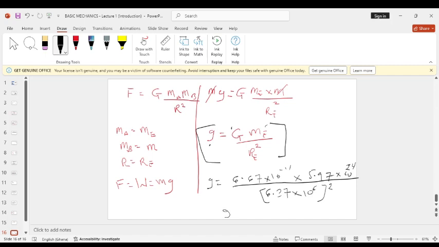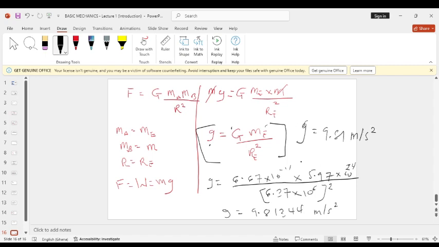After computing this value, we get 9.81344, which is the acceleration due to gravity, in meters per second squared. So in summary, g is equal to 9.81 meters per second squared.